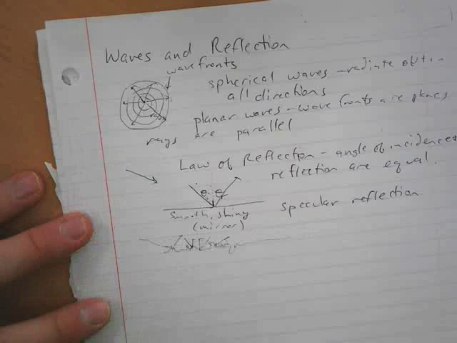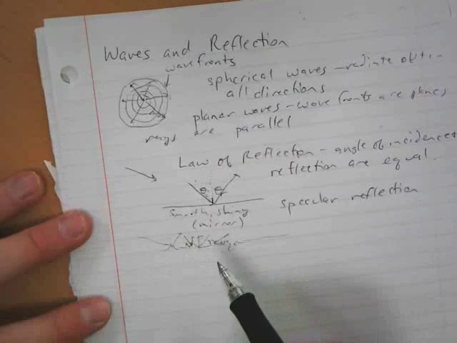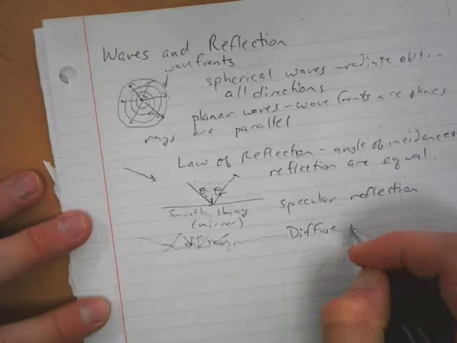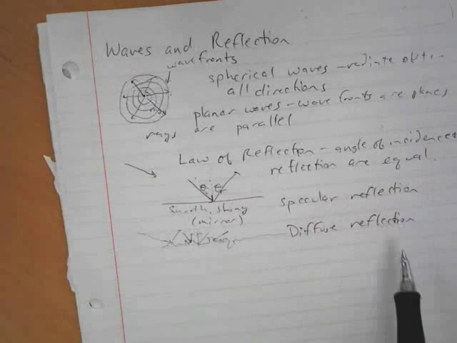So this gets light bouncing off in all directions. This is called diffuse reflection. And this is what we mostly see in regular objects.